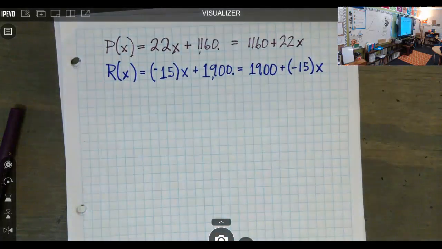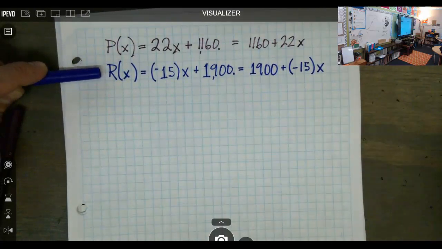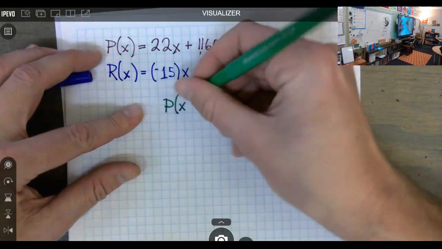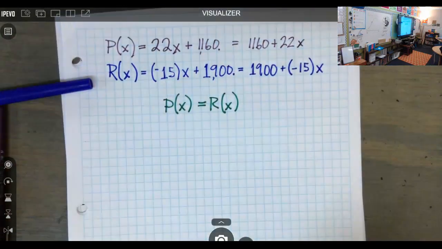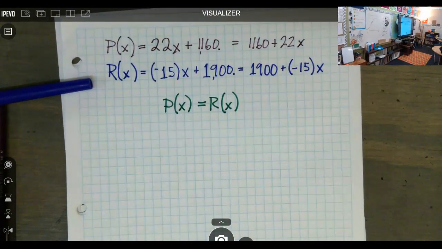But what are we trying to solve? When will p of x equal r of x? So p of x equal to r of x. All right, I should see some real good work written down as I come around for us trying to solve this. A table is not an efficient way to do this.